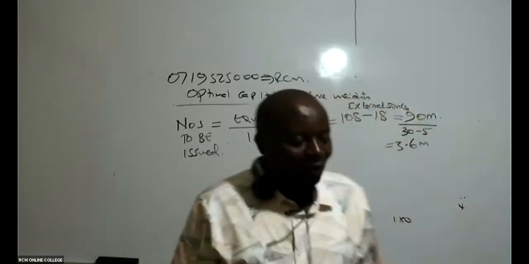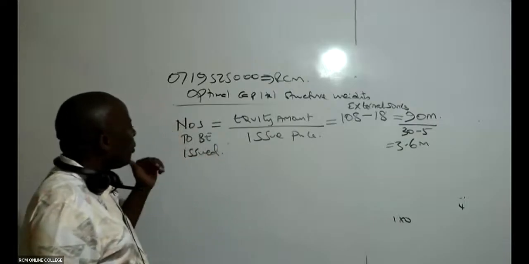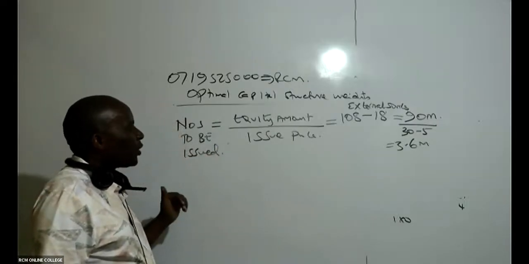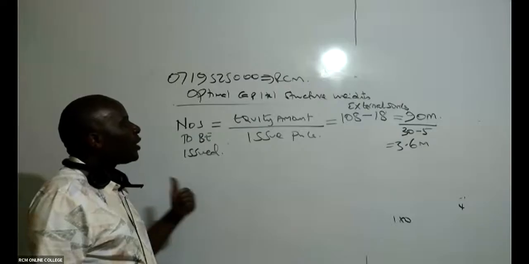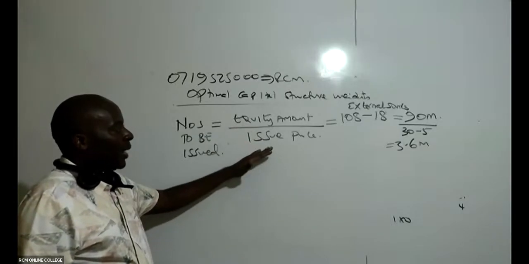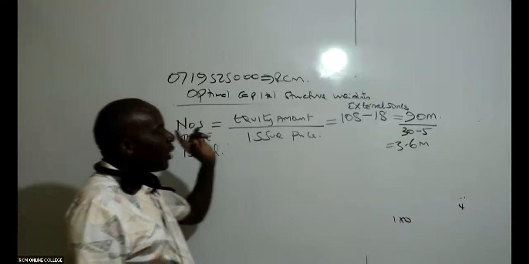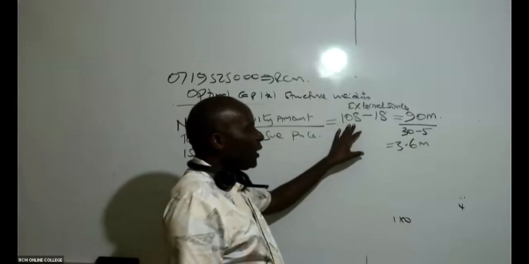So let me repeat. Remember, what have we done here? How do we normally get the number of shares? To get the number of shares, we take the equity amount divided by the issue price. Remember, the equity amount we computed was 108.